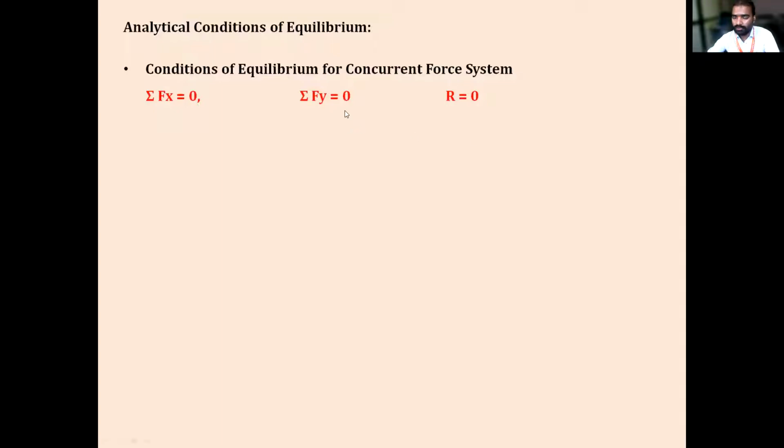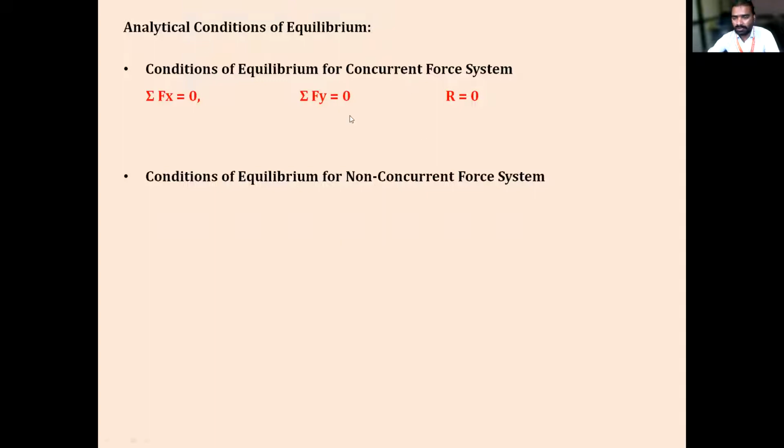And sigma Fy is equal to 0 means the algebraic sum of the vertical components of all the forces in the vertical direction is equal to 0. Then R equal to 0 means the resultant force must be equal to 0. This is the condition for equilibrium.